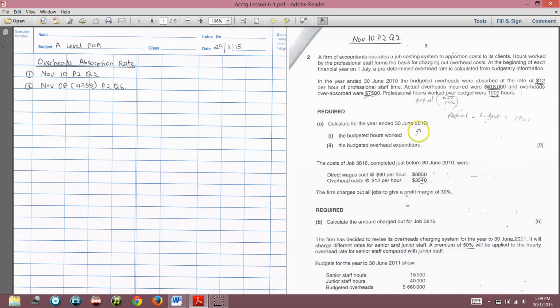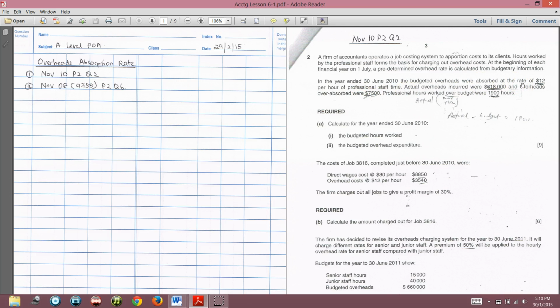Okay, so this one is not difficult. You see here it says that the budgeted overhead were absorbed at a rate of $12 per hour of professional staff time.